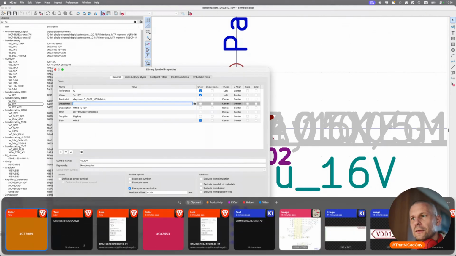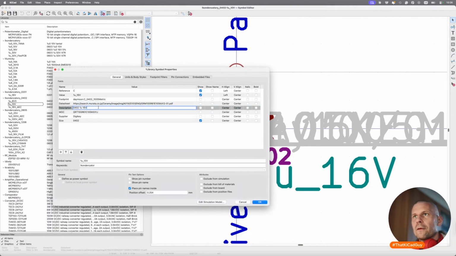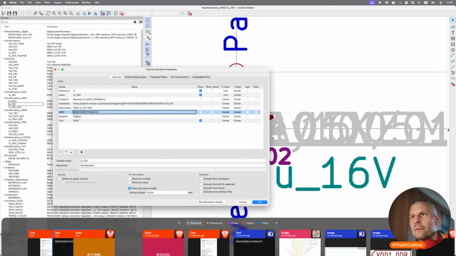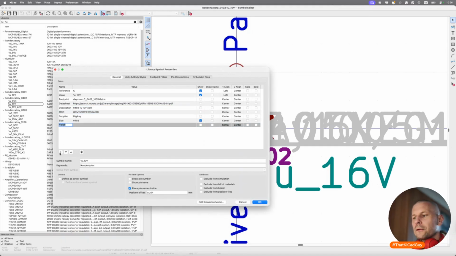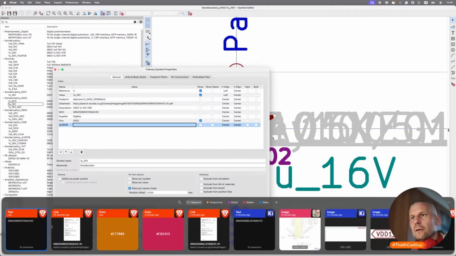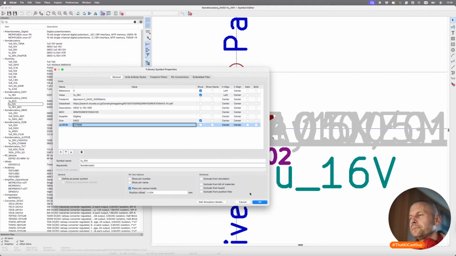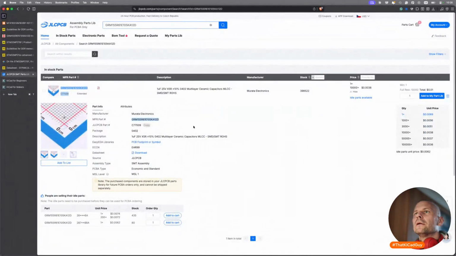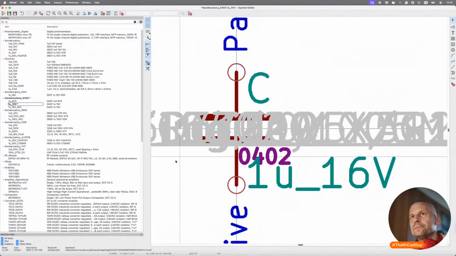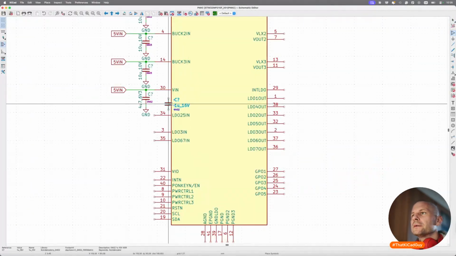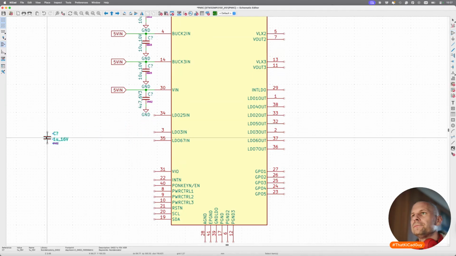Data sheet is here. It's this X5R, new part number, and the GLC code is this one. Is it? Yes. Okay, let's do this.